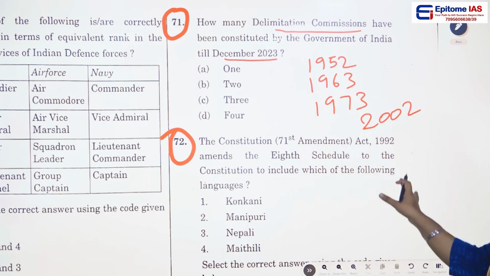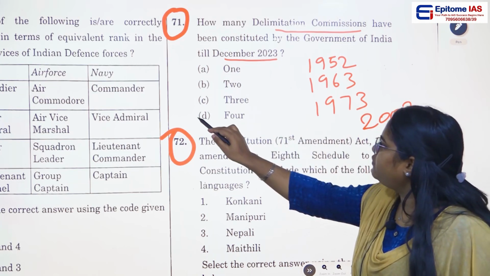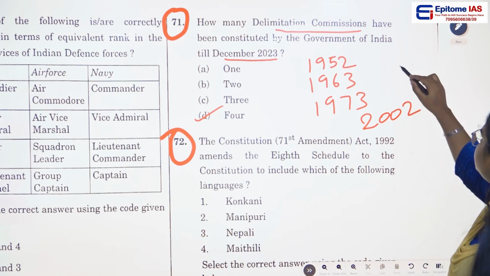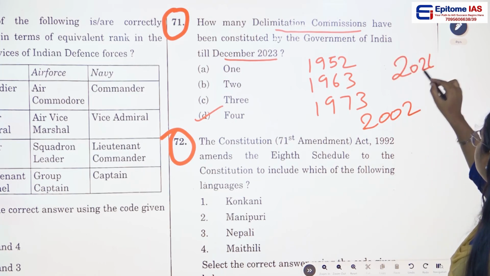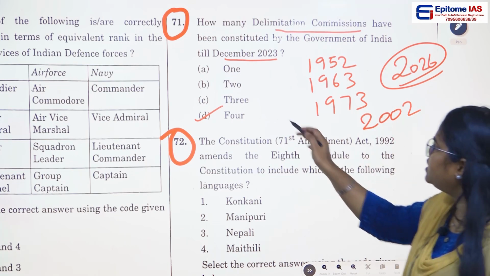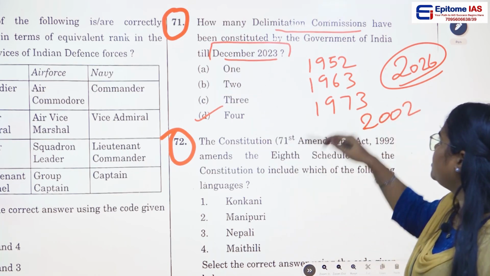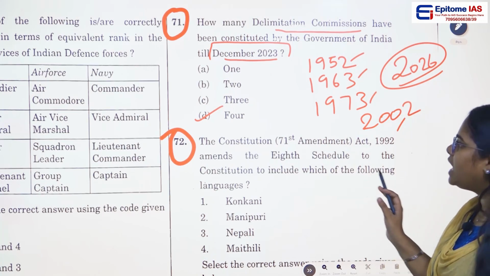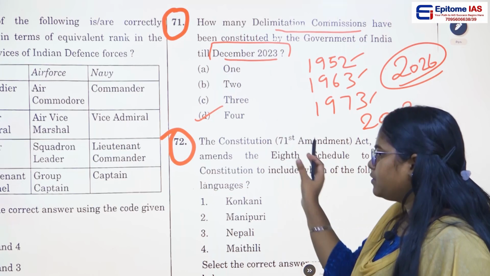We have already constituted 4 delimitation committees. So the next delimitation committee would be constituted after 2026. So far till December 2023, we have constituted only 4 delimitation committees. So the answer is D, 4.